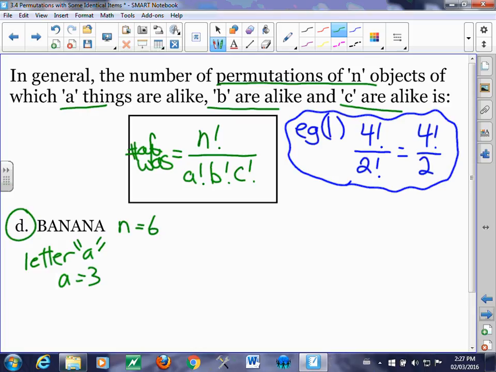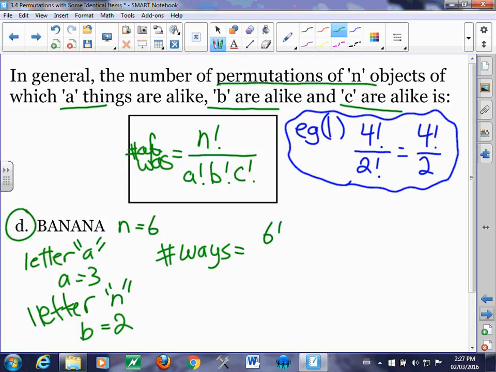Then we'll let the letter N represent B in the formula. N occurs twice, so we're going to let it be 2. So the number of ways that we can rearrange banana to make arrangements is our total, n factorial, so 6 factorial over A, which is 3, so 3 factorial, times 2 factorial.